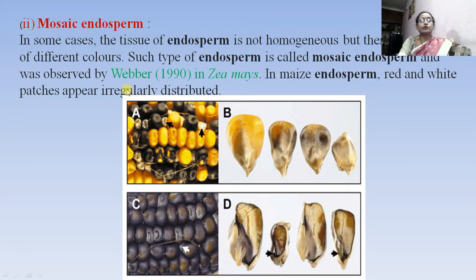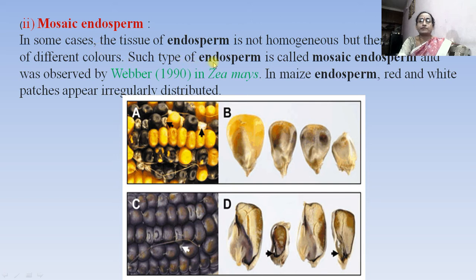Then the second one is the mosaic endosperm. The name mosaic itself suggests that there are some dots or patches of colored pigments, and that's why in some cases the tissue of endosperm is not homogeneous, but there are patches of different colors.